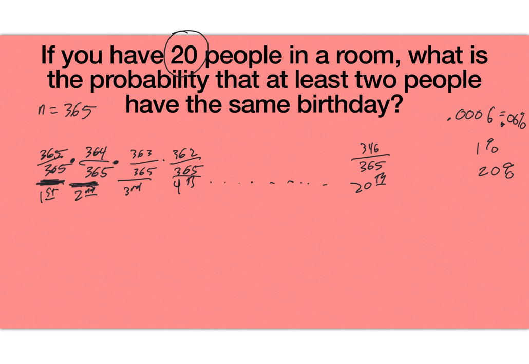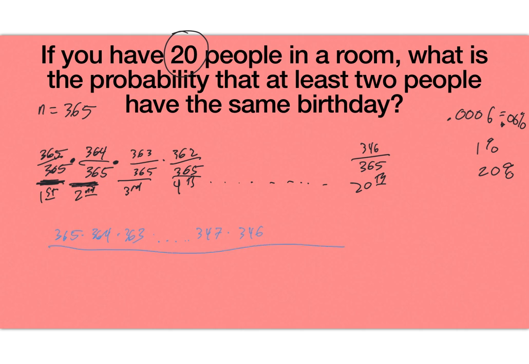All right. These numbers in the numerator, if I just look at those, 365 times 364 times 363 times... 347 times 346, and that's where I end, is actually part of one of the formulas we started with today.